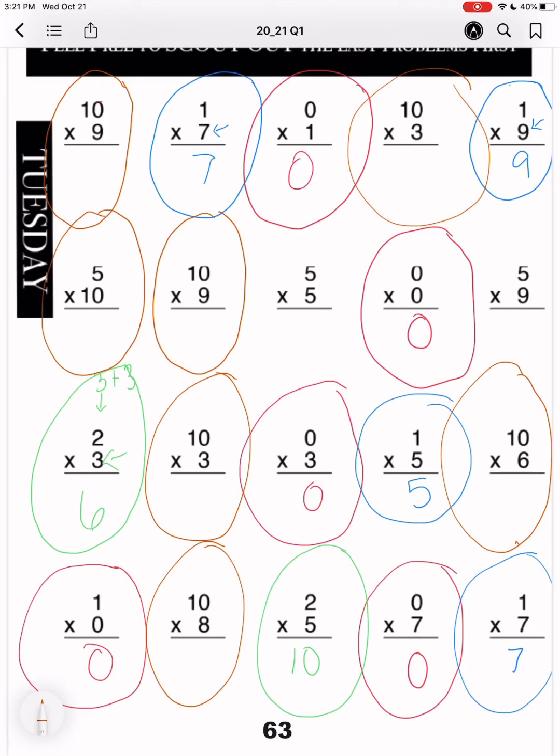Because you imagine your 10, you just cover up the 0 for a second and it becomes a 1. Well, 1 times 9 is 9. But then the 0 has to come down and go on the end of the number. That's what the magic of 10 is, making it 90, right? 9 tens. If we counted out 10 9 times, 10, 20, 30, 40, 50, 60, 70, 80, 90, that's what we would get.